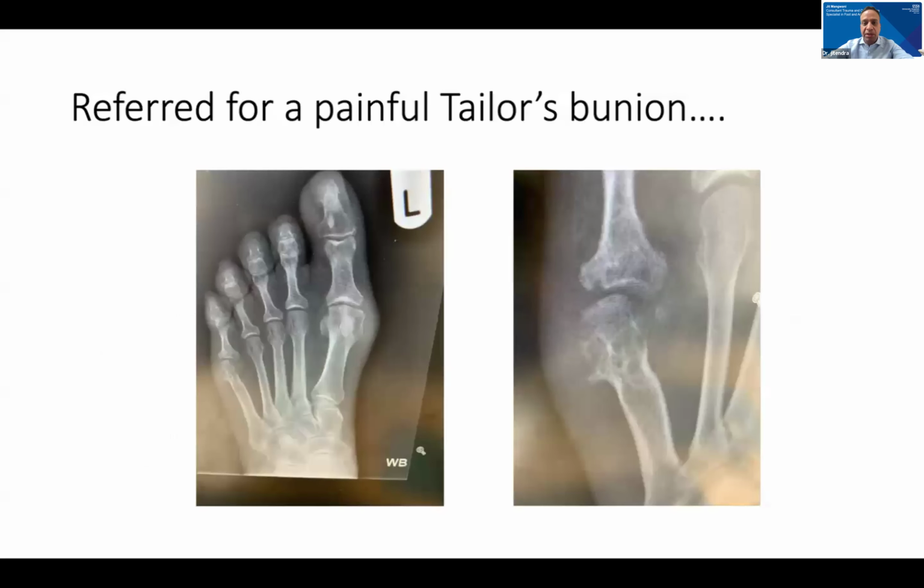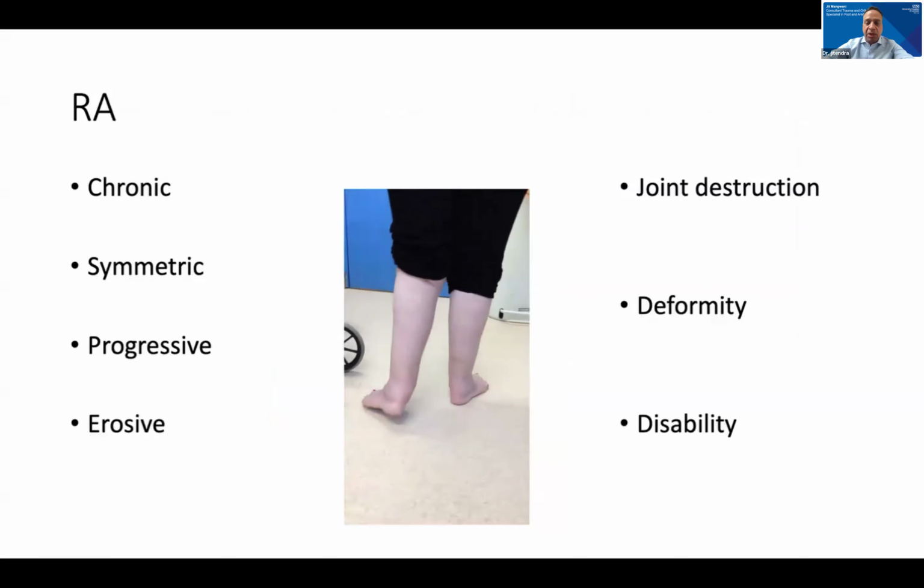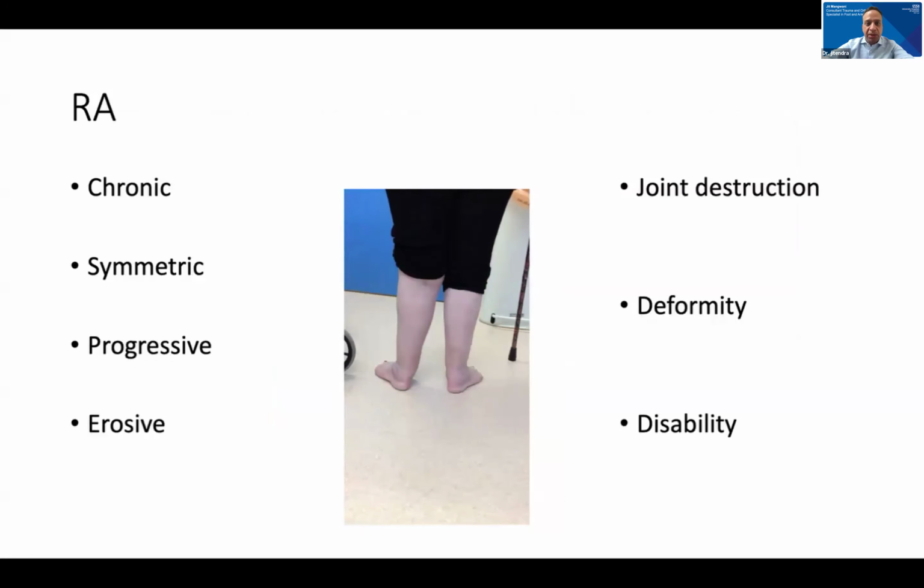For example, this patient comes to our clinic for a talus bunion, but if you look at the radiographs carefully and magnify, there are loads of erosions going on. The findings are not typical of a talus bunion. Something is going on, particularly if you see bilateral involvement, enthesopathy in the calcaneum at the plantar fascia, or the insertion of the Achilles tendon. You must be thinking, why is this happening in this young patient, and look into it further.